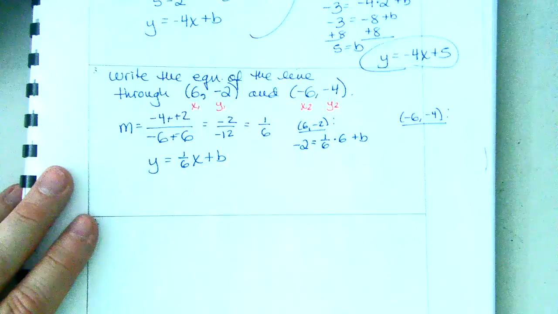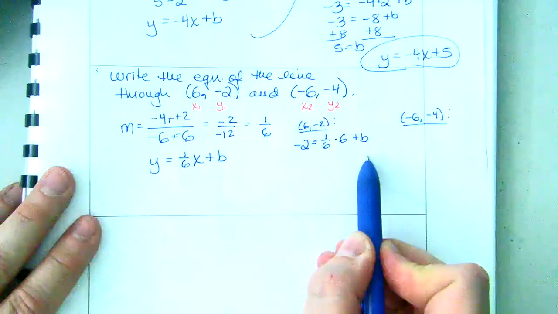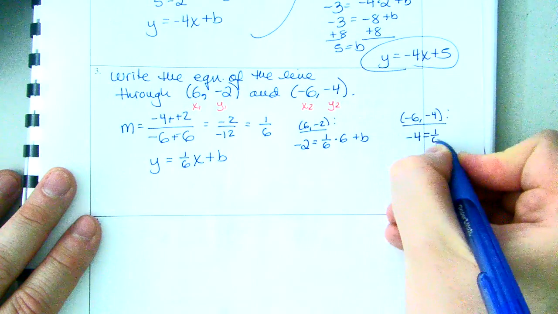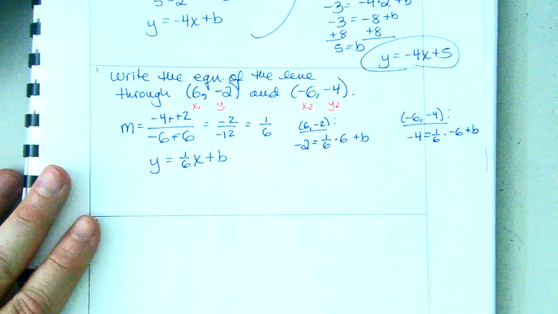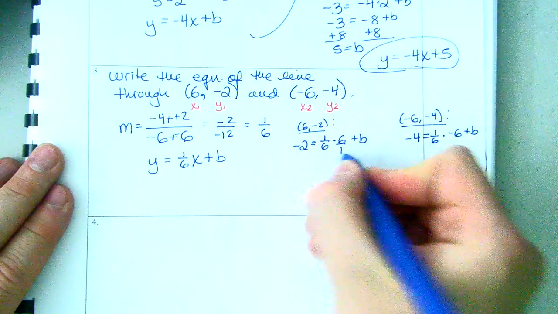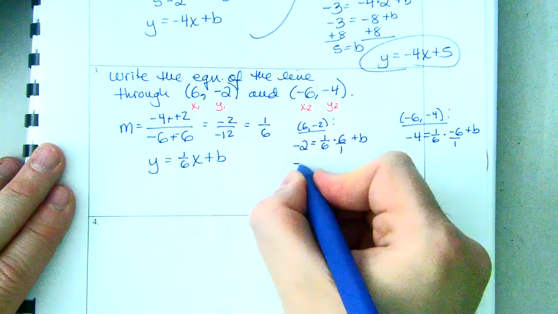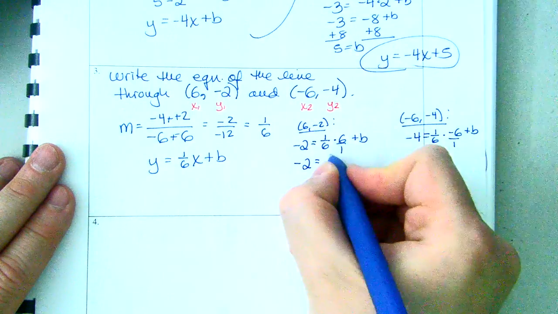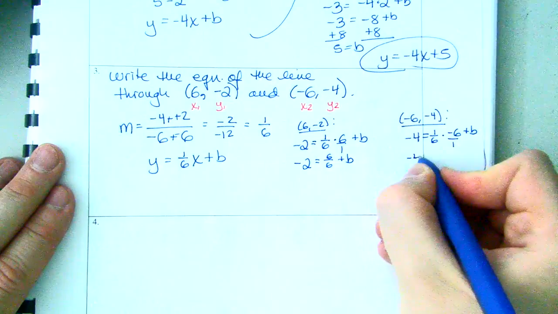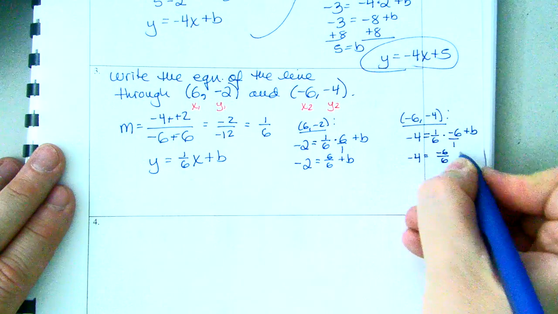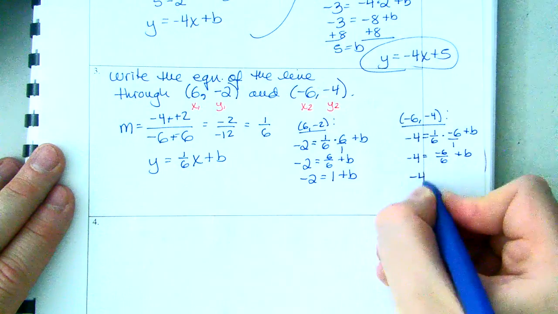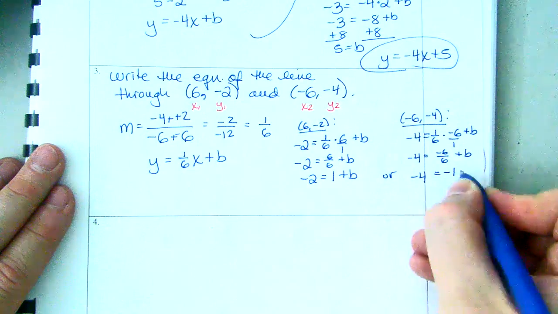If you're using 6, negative 2, your first line of work is going to look like this. If you're choosing to use negative 6, negative 4, your first line of work is going to look like this. Of course, I'll put those over 1. So it doesn't matter. You're either going to get the equation negative 2 equals 1 plus b, or you're going to get the equation negative 4 equals negative 1 plus b.